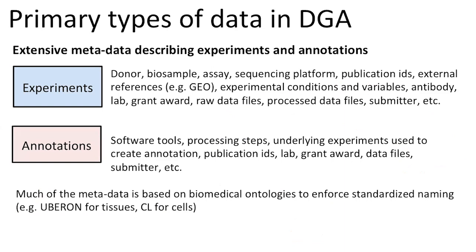On these pages, we also have metadata such as donor information, biosample, external references from where we collect the data, labs that generated these data, any publications associated with the annotations or assays, and raw files and processed files that can be downloaded individually as well as in batch, along with the processing steps used to generate these processed files. So this is basically the record keeping part of the entire system.